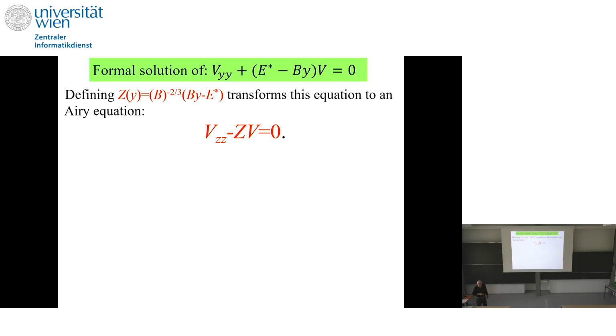It's an Airy equation. In order to get from this equation to here, all you have to do is define z of y as this combination. Okay, so there is a transformation from y to z that transforms this equation into an Airy equation. And now, with an Airy equation, we can do analytical work or solve it easily.